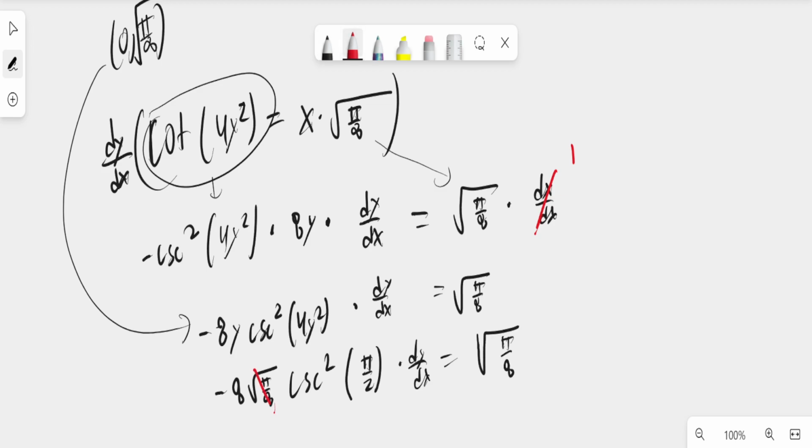And I can cancel these two out. What's cosecant squared pi over 2? That's 1 over sine squared pi over 2, so it's just 1. So it becomes negative 8 times dy dx is equal to 1. So dy dx is equal to negative 1/8.